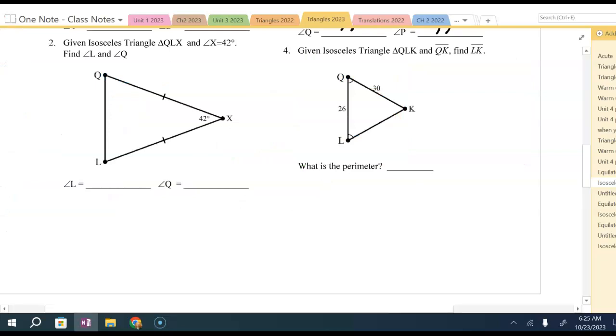So let's take a look at problem number 2. You could use either method you prefer. So first I'll do the pink method, so I'll subtract 180 minus 42, and I get 138. And then I'll take 138 and divide by 2 because the angles across from the legs are the same. And when I do that on my calculator, I get 69 degrees.